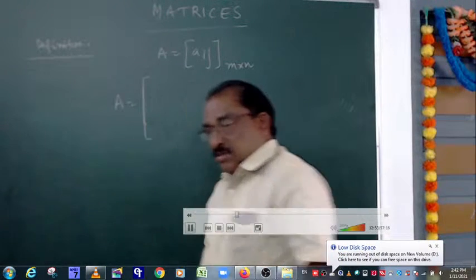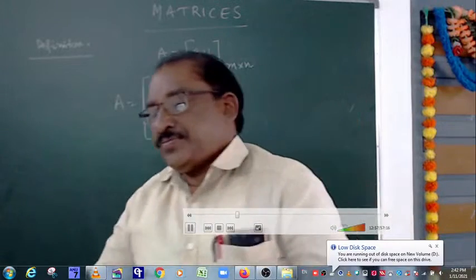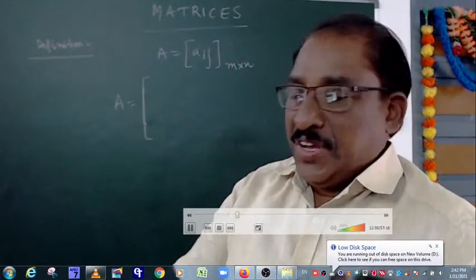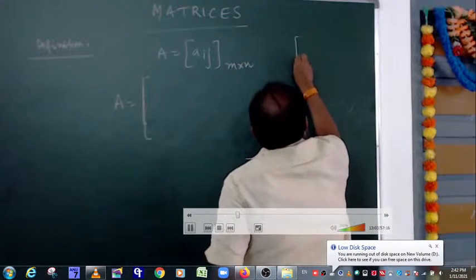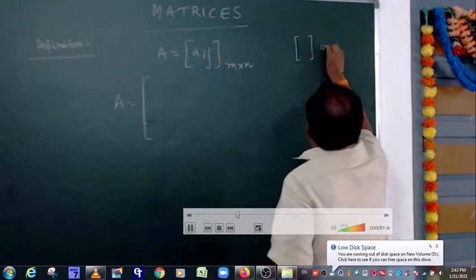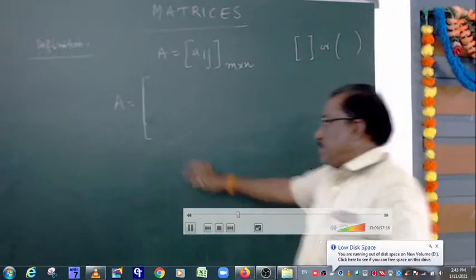Another point is that matrices are put in square brackets like this, or big brackets like that.